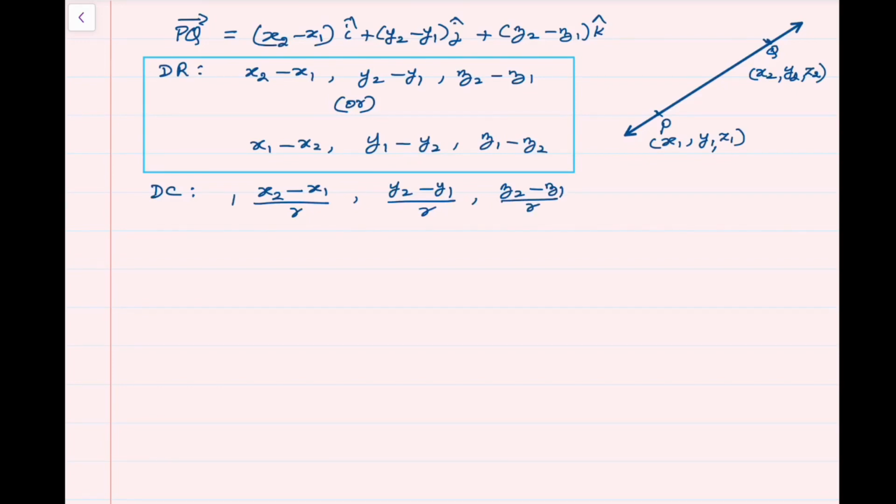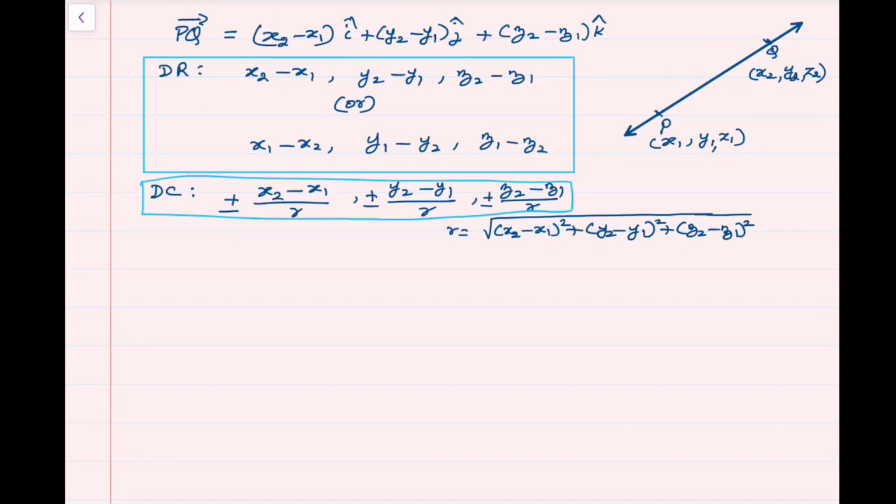And because it is a line, we can have plus or minus sign, where r is square root of x2 minus x1 the whole square plus y2 minus y1 the whole square plus z2 minus z1 the whole square. So these are the direction cosines. Now we know how to find the direction ratios and direction cosines when the angles are given or when 2 points on a line are given.